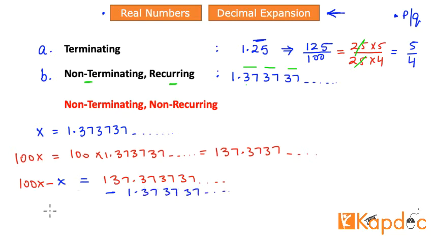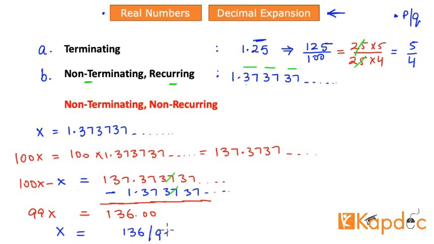When you carry out this subtraction, what you obtain on the left hand side is 99x, and on the right this gives you very simply 136, because the 0.3737 decimal expansion negates the one in the subtraction, right? And 137 minus 1 is equal to 136. Or in other words, x is equal to 136 over 99.